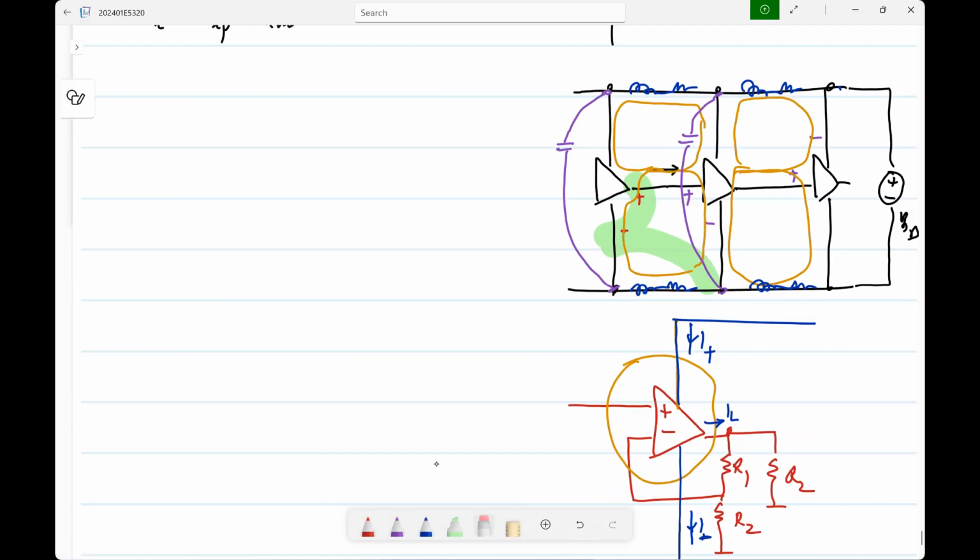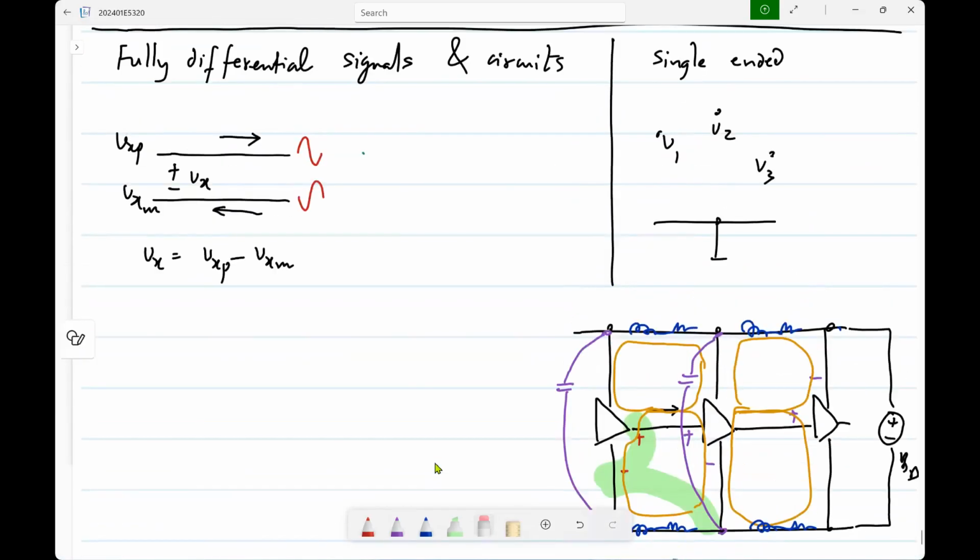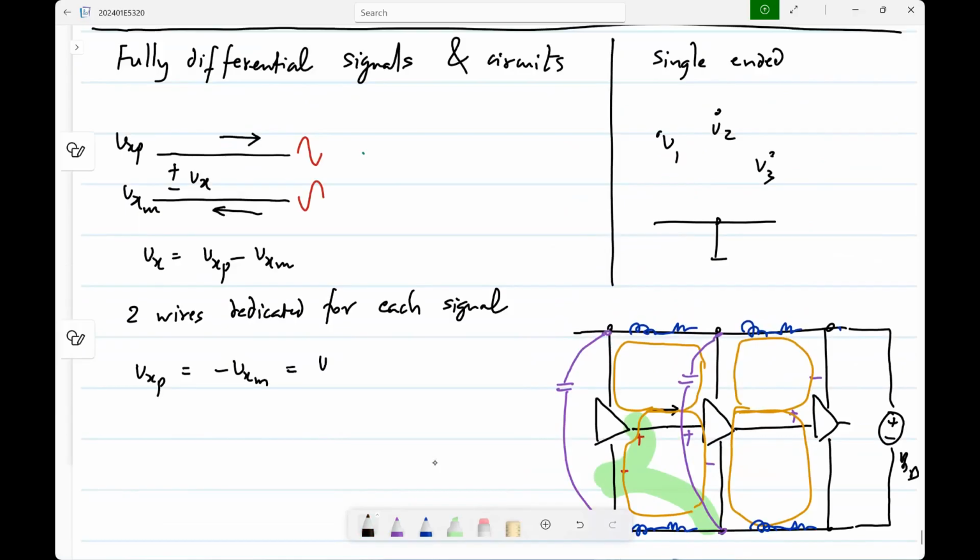Okay. So in fully differential signaling, ideally the two node voltages are equal and opposites of each other, and one of the wires serves as the return path for the other wire.